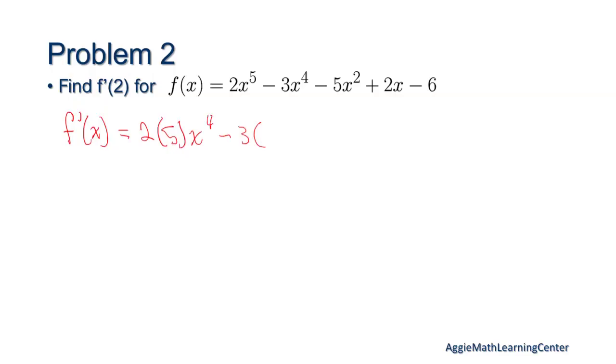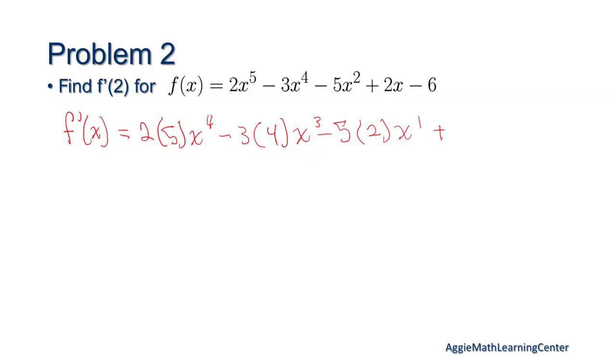What's this guy going to be? 4x, and this will just be the power of 1. Don't be scared to yell at me if I do something wrong. It happens a lot.